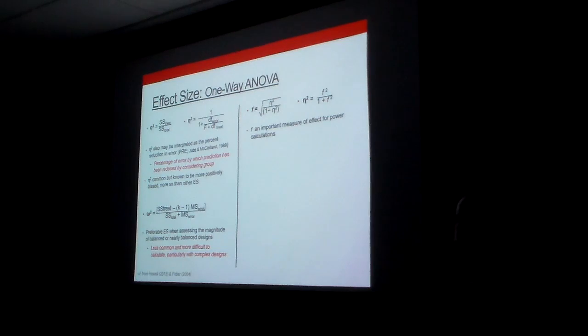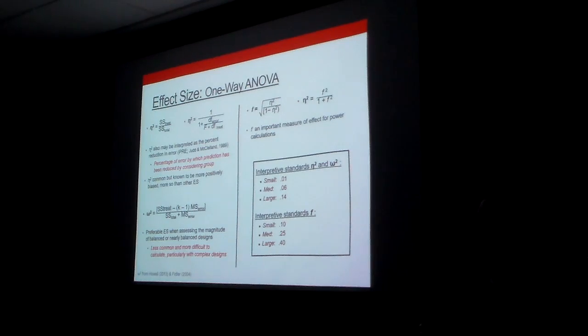F is important for the calculation of power, but F doesn't have much interpretive value as a metric. We have benchmarks for small, medium, and large F, but my problem with F is that I can't give you a literal interpretation of it. I can't tell Emilio, oh, I have an F of this, and this is what that means. I can give you eta squared and say for these data, my grouping factor accounts for about 15% of the variability of my outcome.